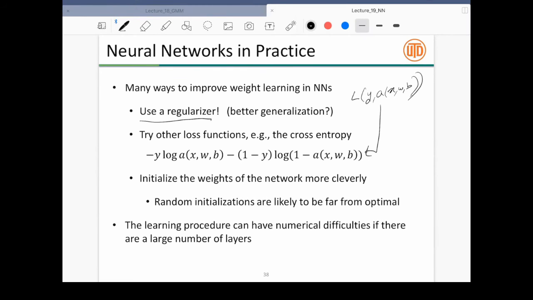Other things are more clever initialization of weights. A lot of people have looked at this in deep learning, right? Another important thing is that the learning procedure can have a lot of numerical difficulties if there are a large number of layers.